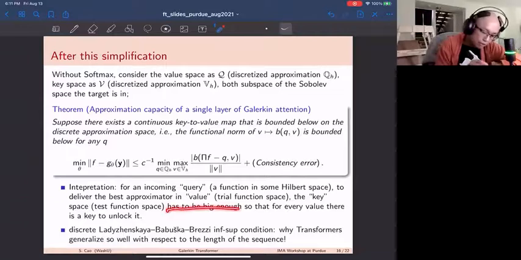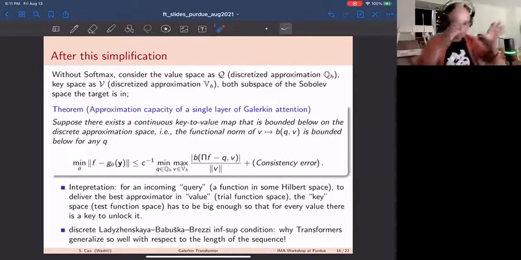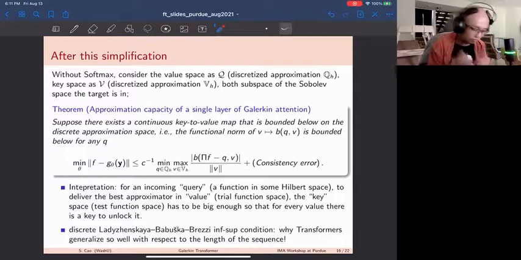And the inf-sup condition actually tells us the test function space has to be big enough so that we can unlock this best approximator. And exactly, we used this inf-sup condition to show the approximation capacity of this linearized attention mechanism. I don't know if people have done this before, but it's a very nice mathematical theory.